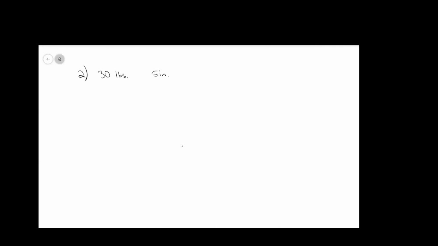Okay, so how are we going to do this? All we have to do here is just say, well, what is the force? So in this case, pounds is actually a unit of force. And I'll talk about that in a second when we're finished with this problem here. So we don't actually need to include gravity in this. So 30 pounds, the distance 5 inches.